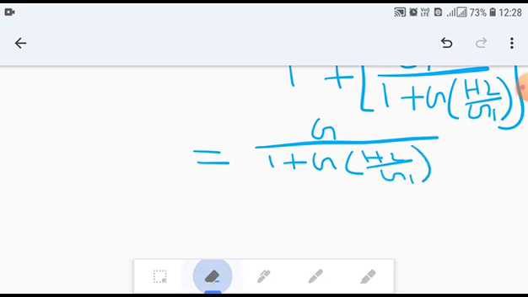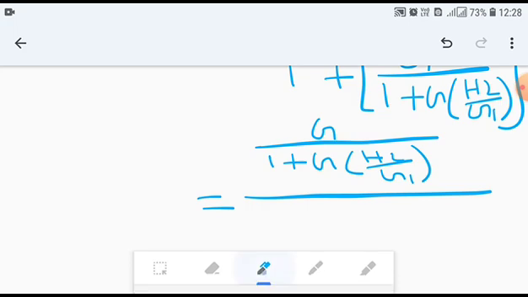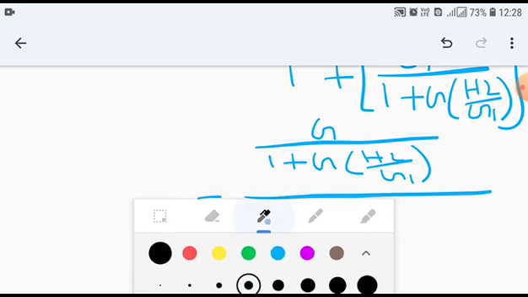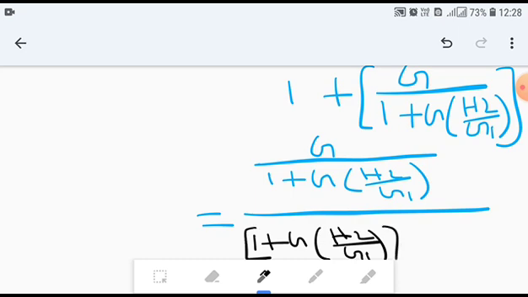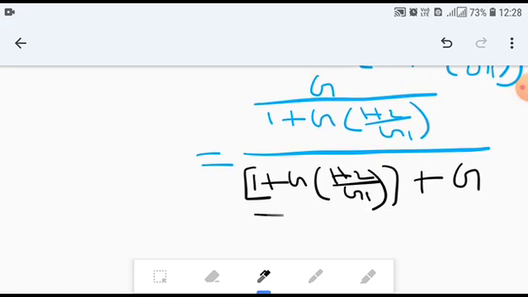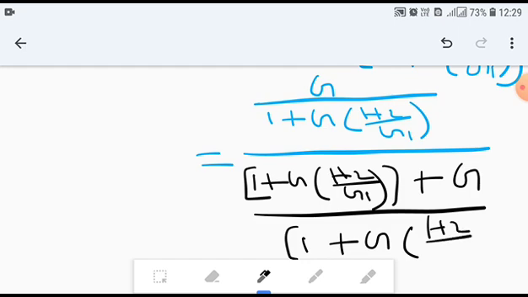This is our numerator, right, and whole divided by, in the denominator we are taking the LCM now. So what we get is 1 plus G into H2 by G1 LCM, 1 plus G into H2 by G1 plus capital G whole divided by 1 plus G into H2 by G1.